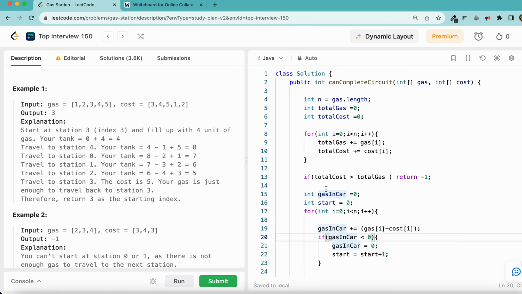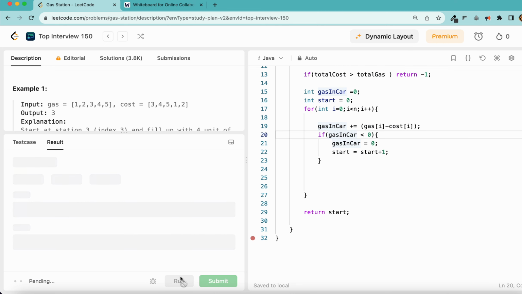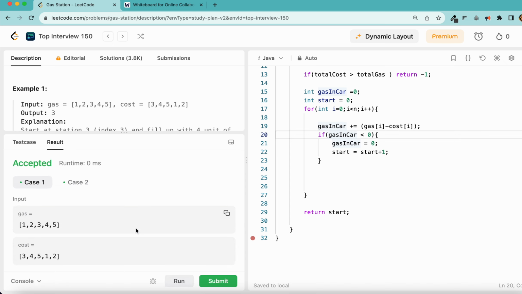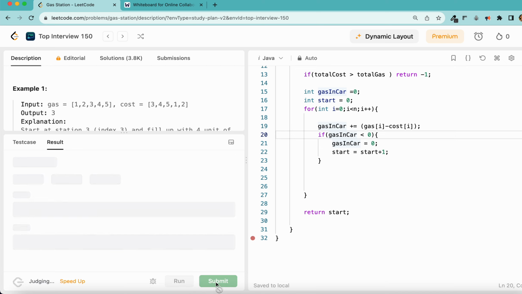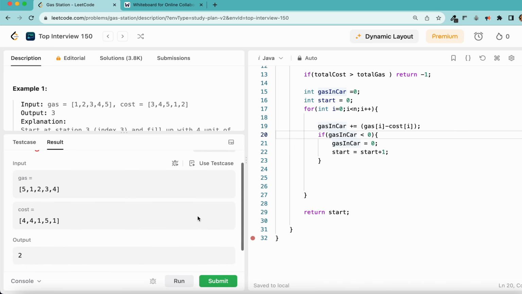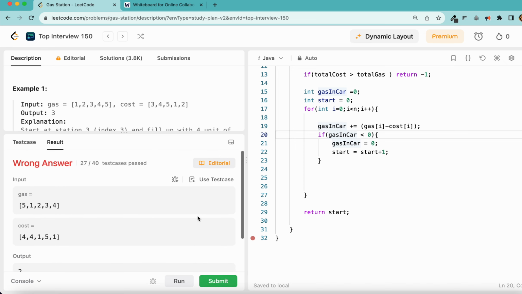Let's run this. So our test case is passed. Let's try to submit it. There's one test case which is failing.